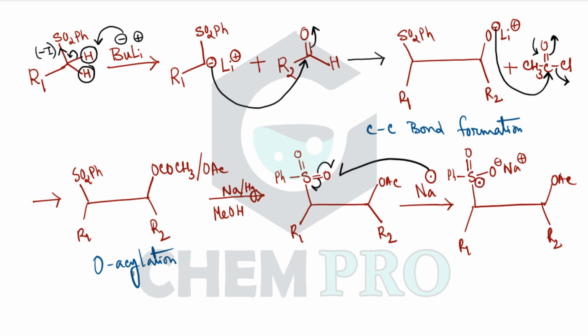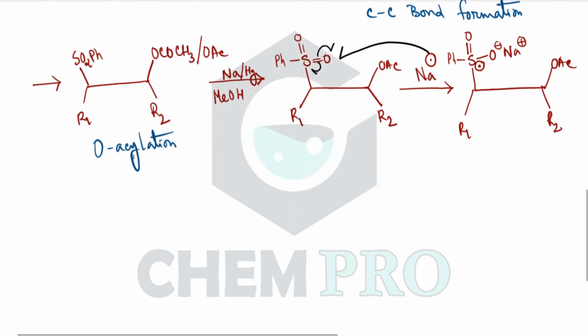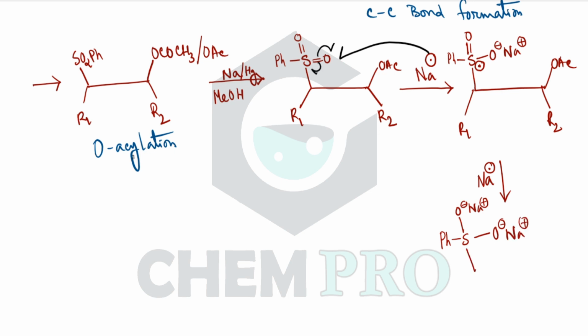Now the second Na will react, and it will make another oxygen into O negative, giving PhS, O negative, Na plus, like the previous step. Here it is OAc, R1 and R2.